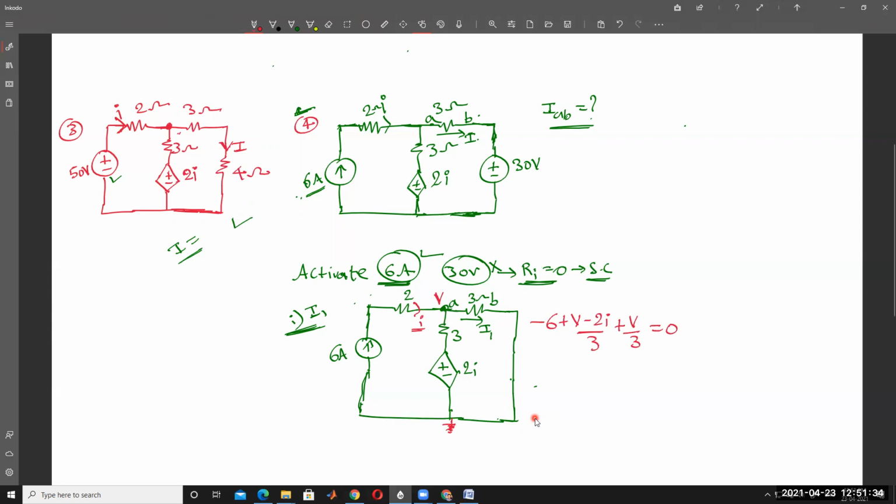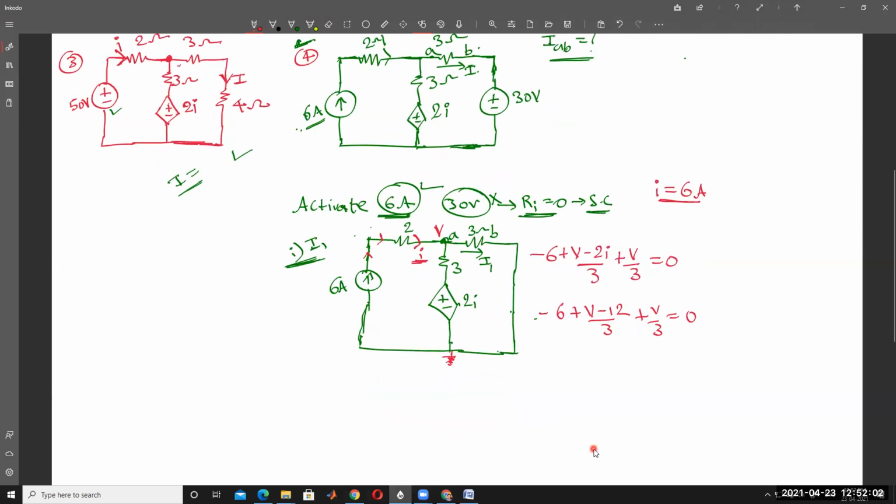Then I is equal to how much? 6 amps only, directly, because this current of 6 amps is entering like this. I is equal to 6 amps. Then minus 6 plus (V minus 12) divided by 3 plus V by 3 is equal to 0.